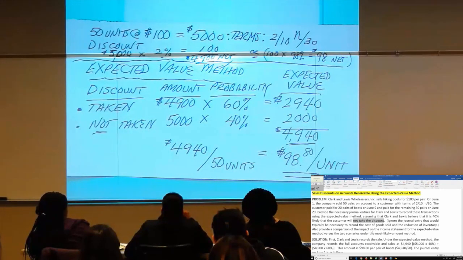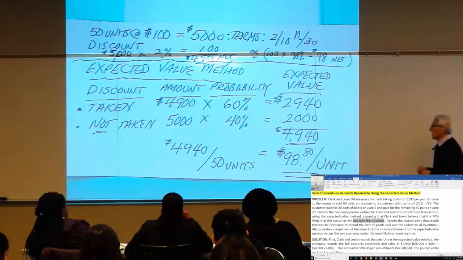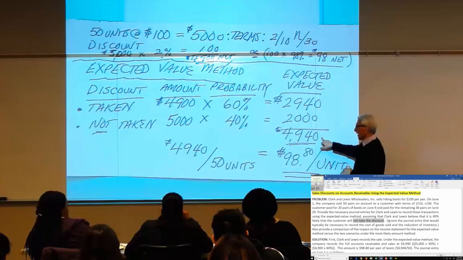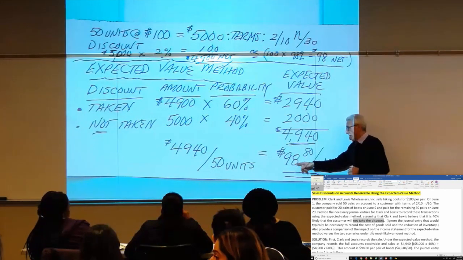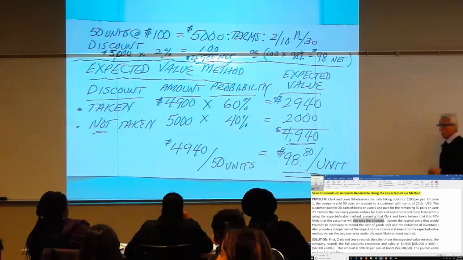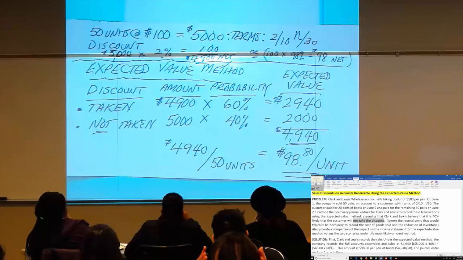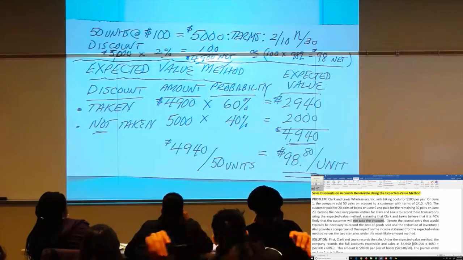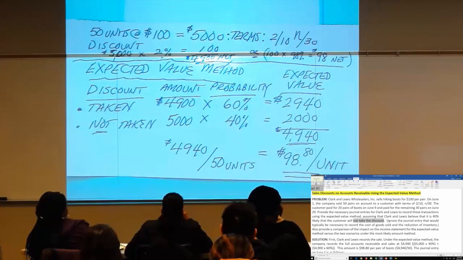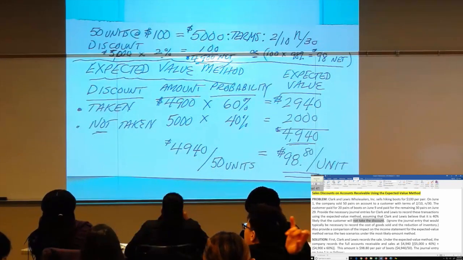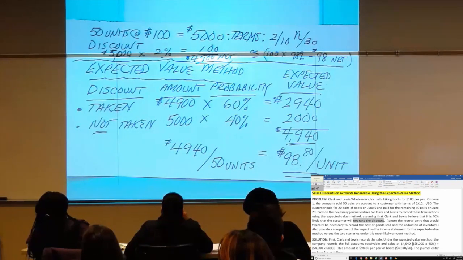And the weighted average by probability gives you the expected value of $4,940, and the number per unit is $98.80. So on average, weighted average, you expect $98.80 per unit.